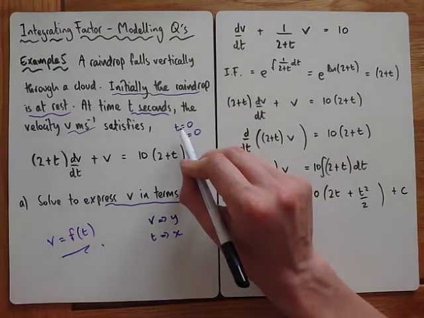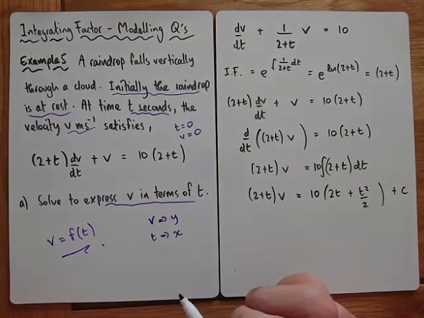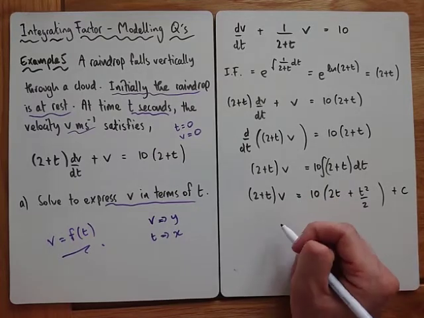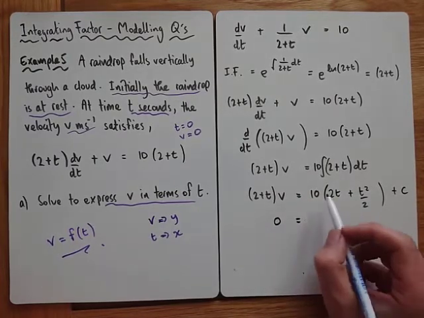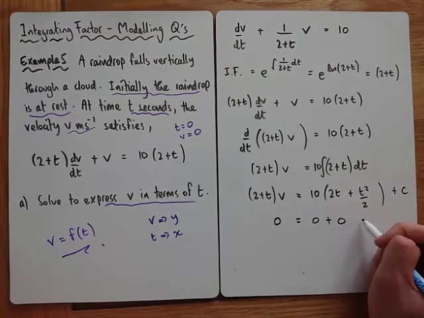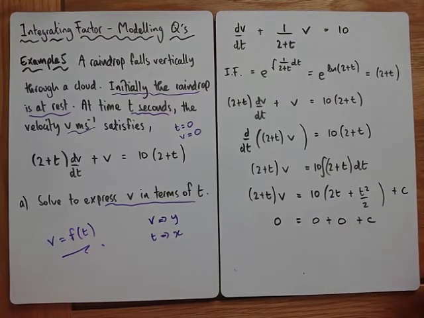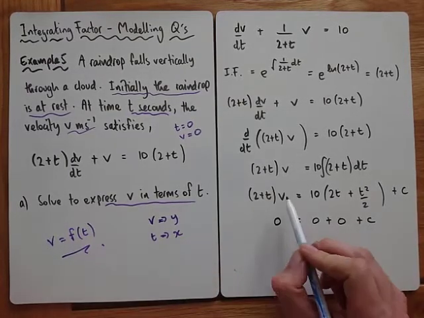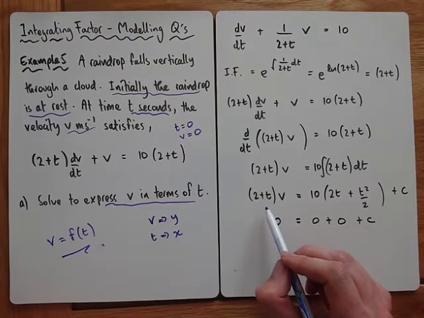Find your constant. t equals 0, v equals 0. So if I sub 0 into both of these, 0 times by stuff would be 0, 10 times 0, 0 plus 0. So c is equal to 0 in this case. Okay, v equals a function of t, so just divide.